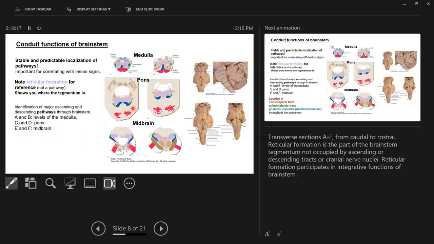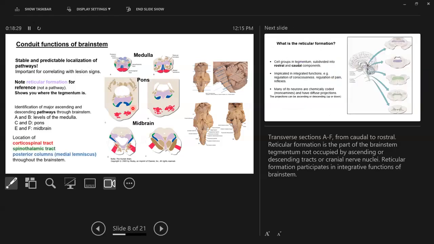And relative to that, we have a fairly stable localization of pathways that will go up and down. It is very critical that we all must have an understanding of this early on. And then we'll go a little deeper.